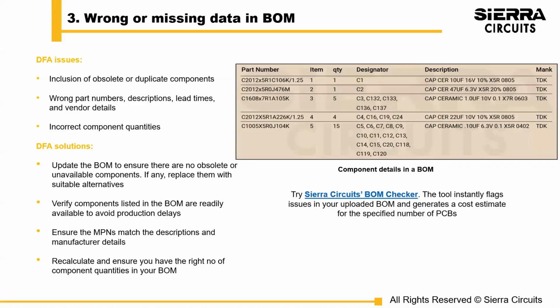Always validate your MPNs, that is the manufacturer part number, the descriptions and the manufacturer details before finalizing the BOM. And estimate the component quantities as per the assembly requirements. You can always try out our tool BOM checker. This tool instantly flags issues in your uploaded BOM and generates a cost estimate for the specified number of PCBs.